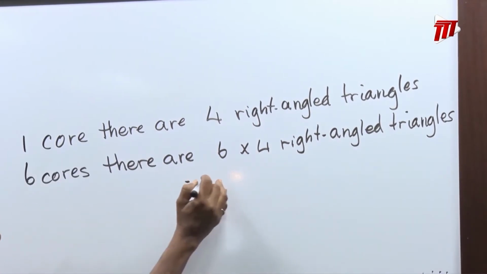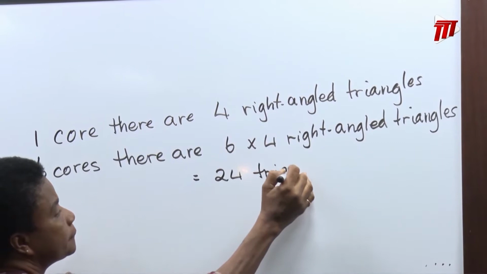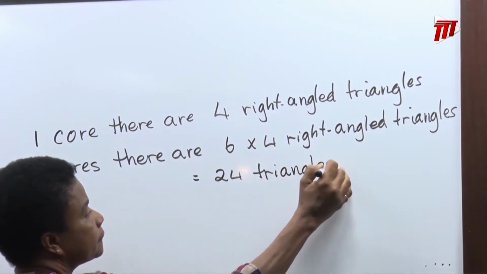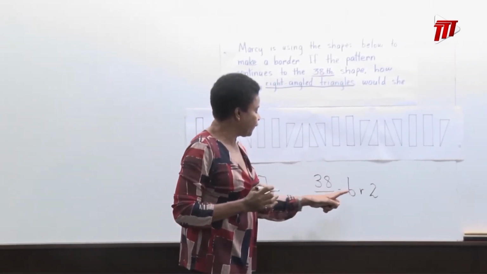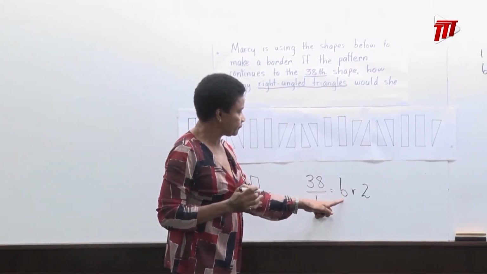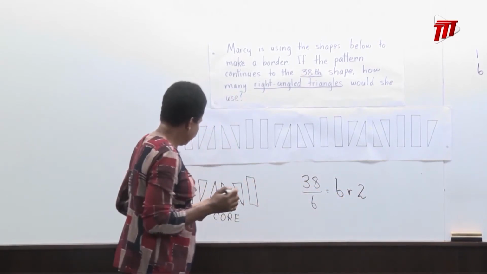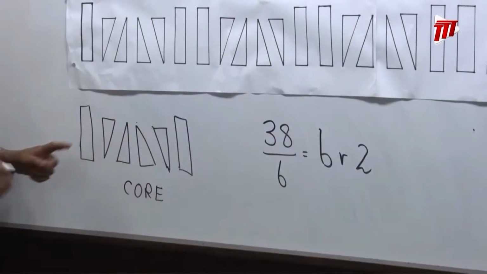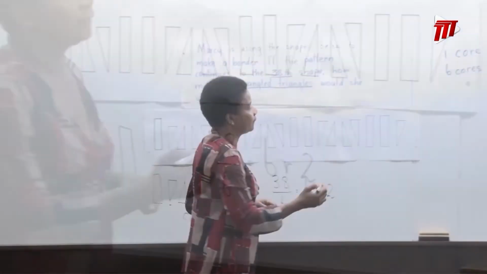That will give us 24 triangles. But that will only take us up to the 36th step. So we need 2 more. 1, 2. So this right-angled triangle must be counted.